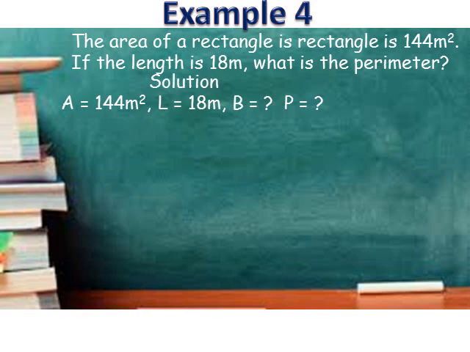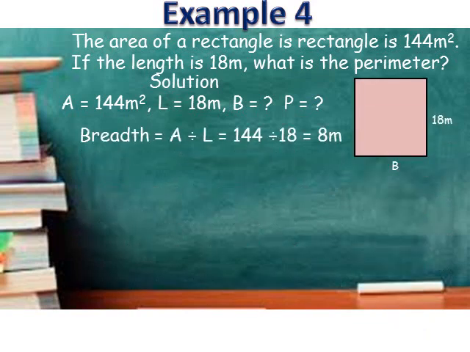To find the perimeter, we must first of all find the breadth, isn't it? We must first find the breadth. Okay. So the breadth is area divided by length. Area over length, which is 144 divided by 18. When you divide it properly, you get 8 meters.